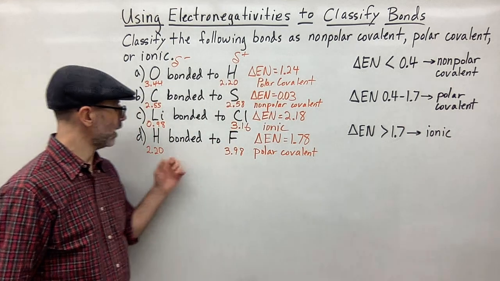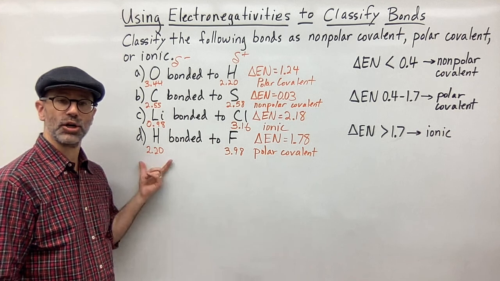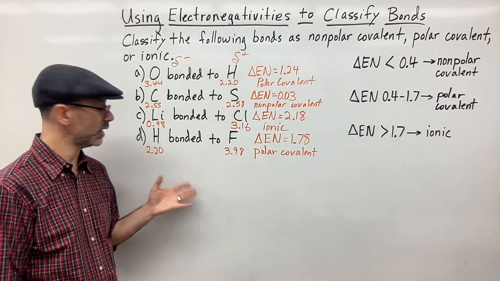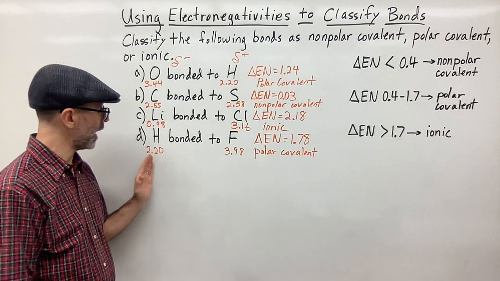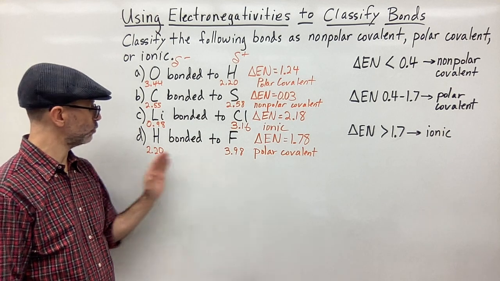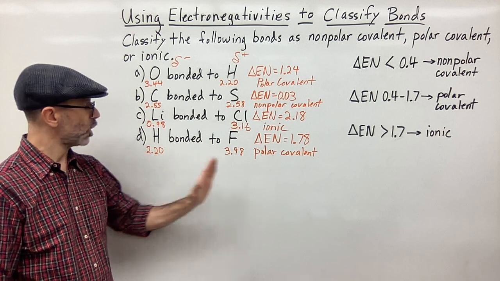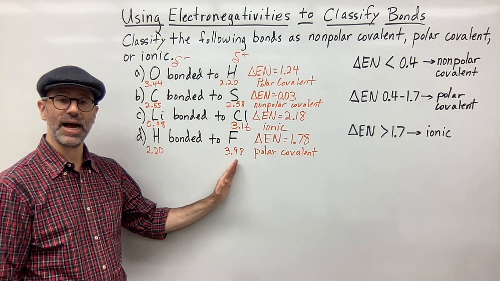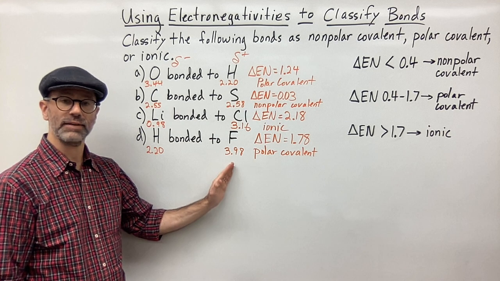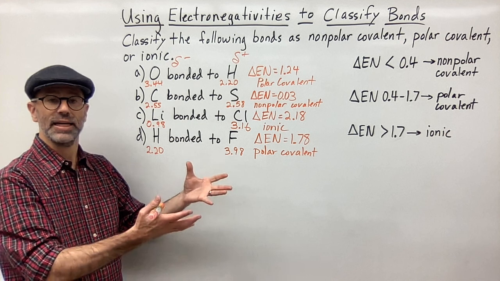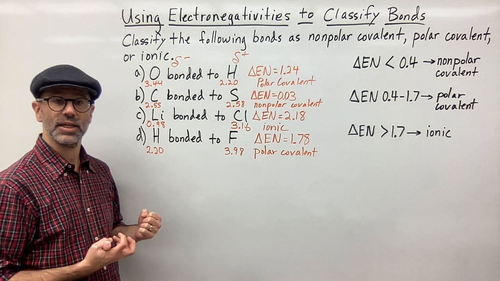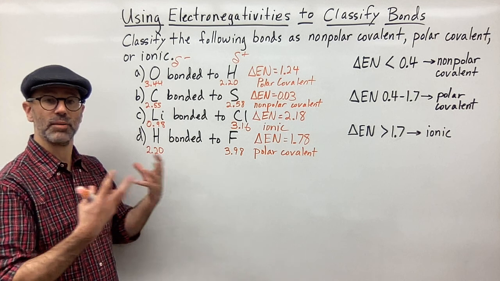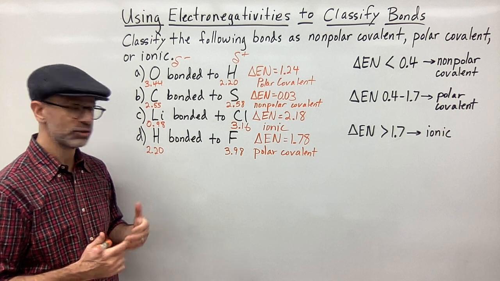And so again, we want to label these as partial positive and partial negative, because it is a polar covalent bond. Which side would have the partial positive, and which side would have the partial negative? Since the partial negative side goes to the more electronegative atom, because the electronegativity is what draws the electrons in the bond towards it, the electrons are going to spend more time over by the more electronegative atom.